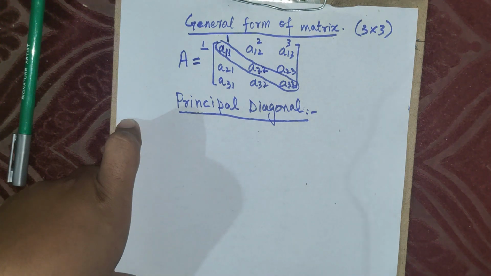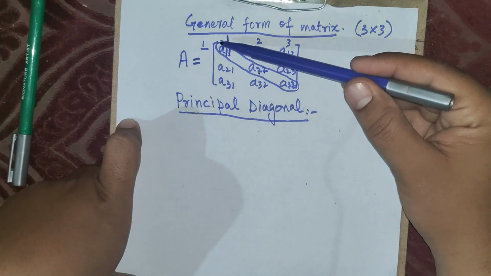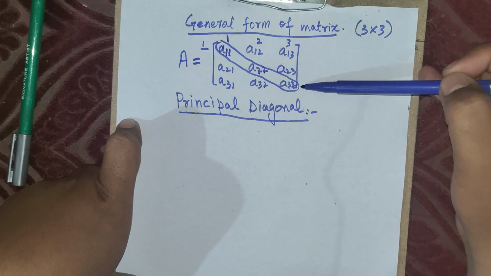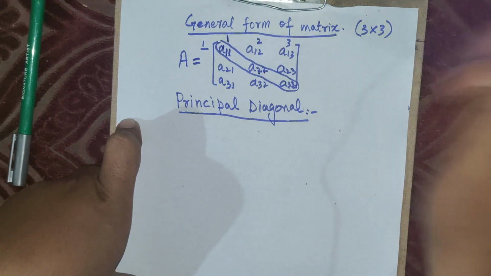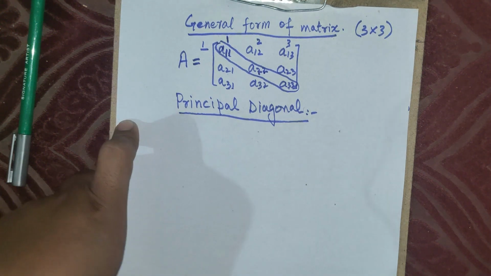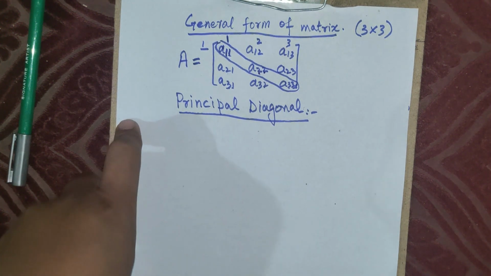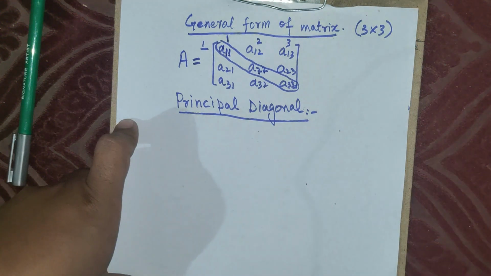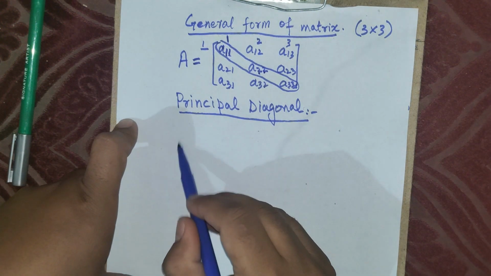So all these elements come under the principal diagonal, and the principal diagonal only exists for a square matrix. So this is the principal diagonal. Let's take another example.